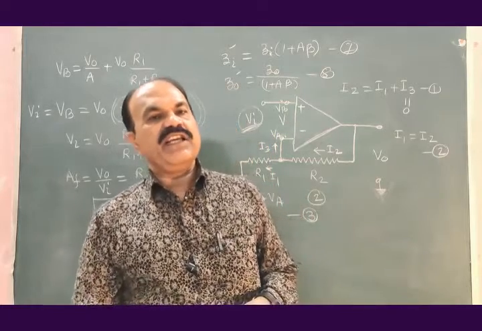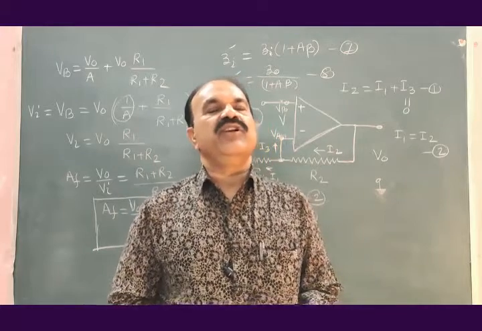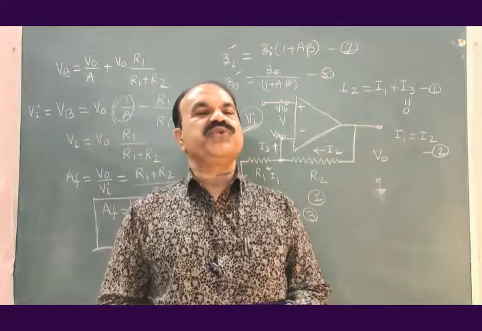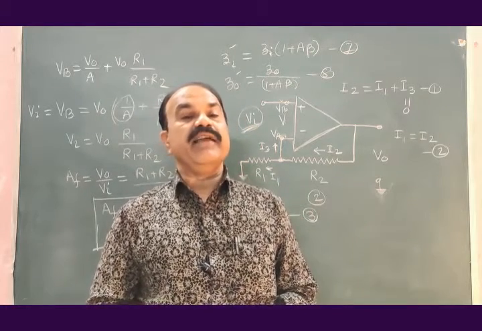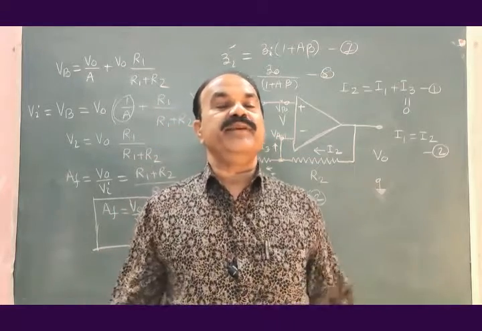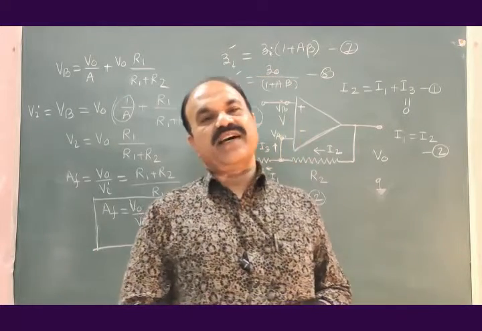Inverting and non-inverting can be used to amplify DC voltages. Inverting and non-inverting modes of operation of op amp can also be used to amplify AC voltages. And we find that the gain for AC and DC is not decided by any other parameter. It will be only decided by values of the resistances R1 and R2.